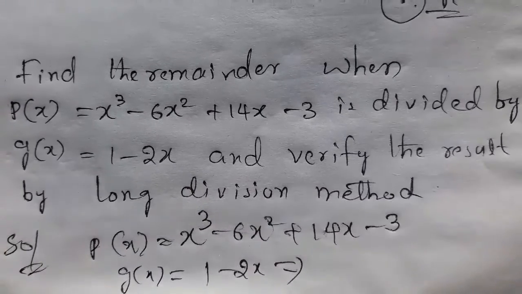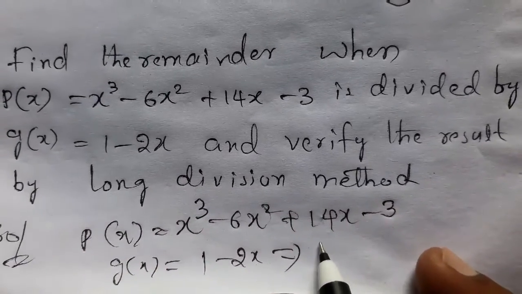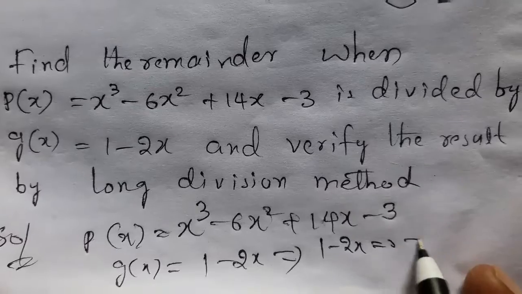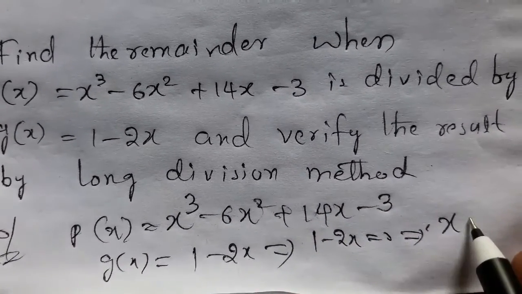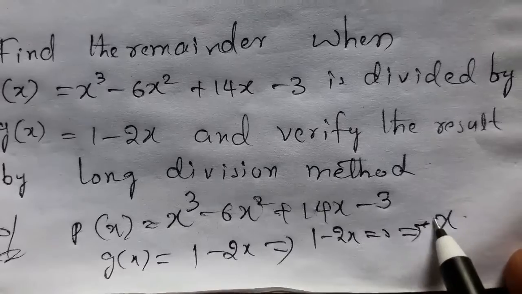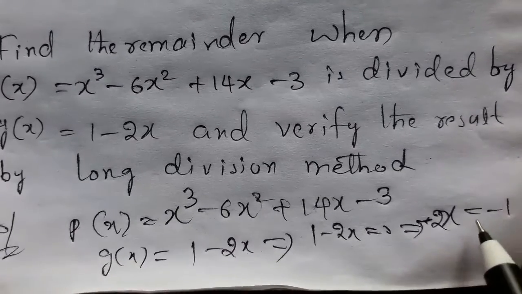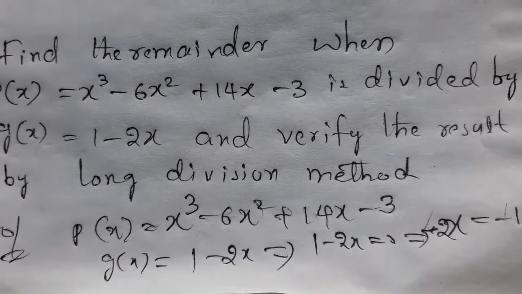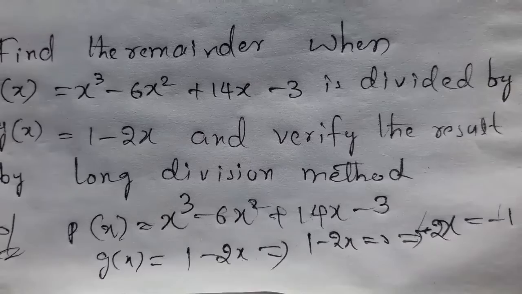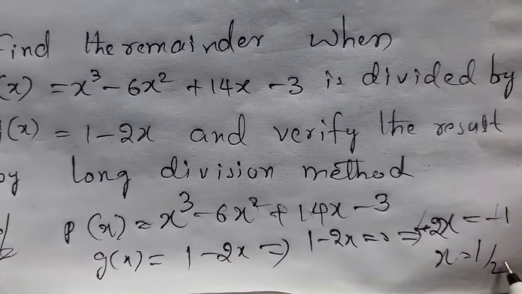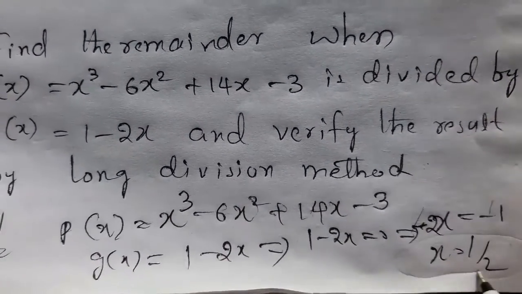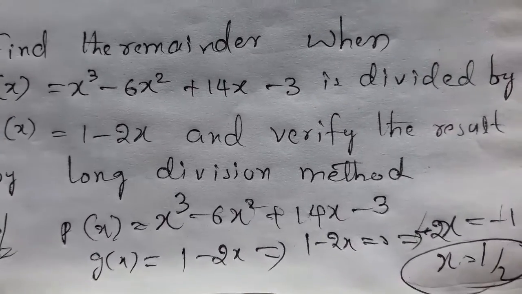Now put g of x equal to 0 here, that becomes 1 minus 2x is equal to 0. Send this one that side, that becomes minus 2x is equal to minus 1, isn't it? Both sides minus minus cancels. Now that becomes x is equal to 1 by 2. We got the x value, how much? We got 1 by 2.